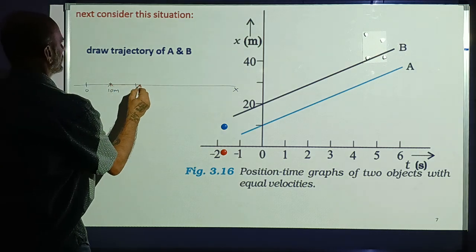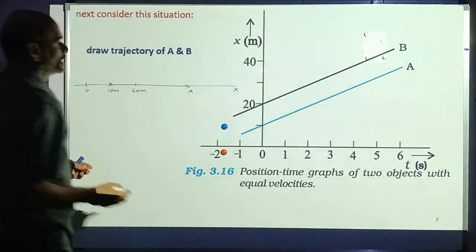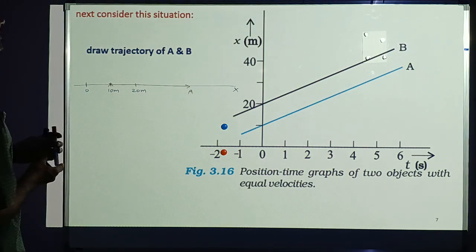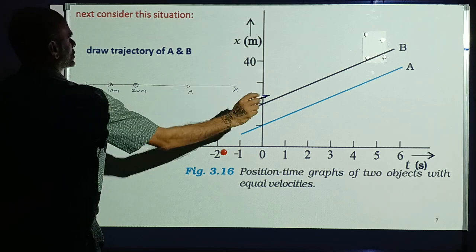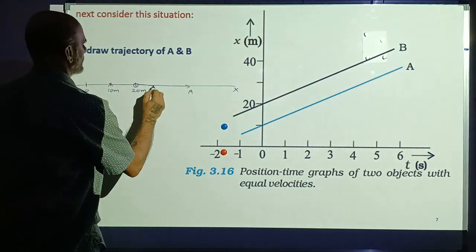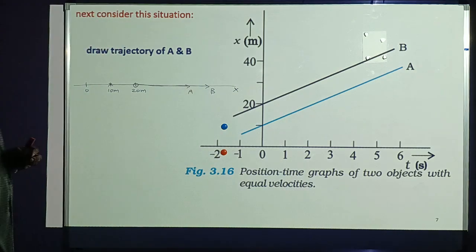So this is the motion of body A. But B starts at 20 meters and is also moving towards right. So this is the trajectory of B.